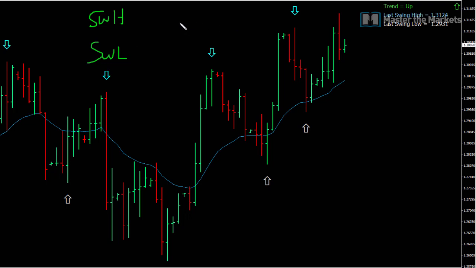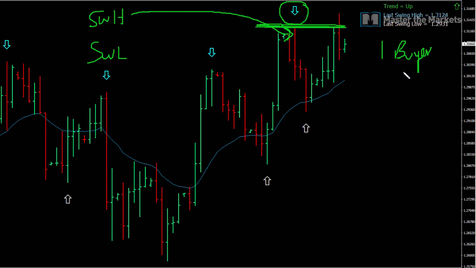As Mark Douglas once nicely said in one of his talks and presentations, if you take a swing high example here, as indicated by our smart money indicator, a swing high is one point where, among millions and millions of participants, especially in the Forex world, not even one buyer wanted to buy 1 pip higher than that particular price of 13118.